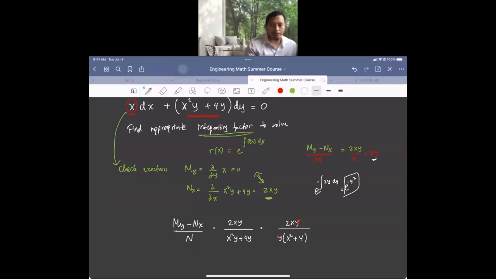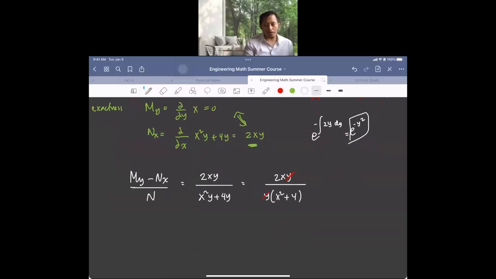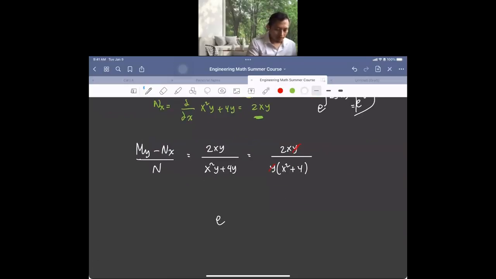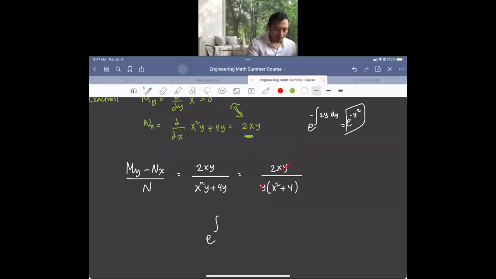We can factor. So we can get this: 2x divided by x squared plus 4. So probably we can use this. Okay. So e to the power of the integral of 2x divided by x squared plus 4 dx.